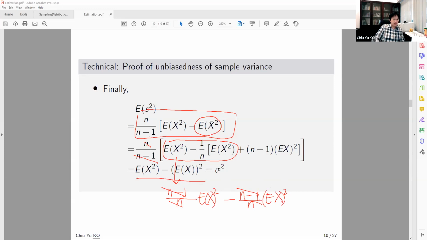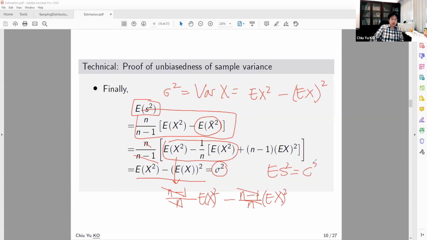That is actually the definition of variance, because the variance of x is expected x squared minus the square of expected x. So that is showing this unbiasedness: the expected s squared is sigma squared. So we end up with this final proof. Is that okay? Is there any question?